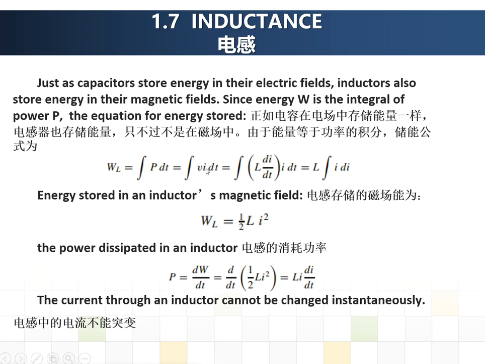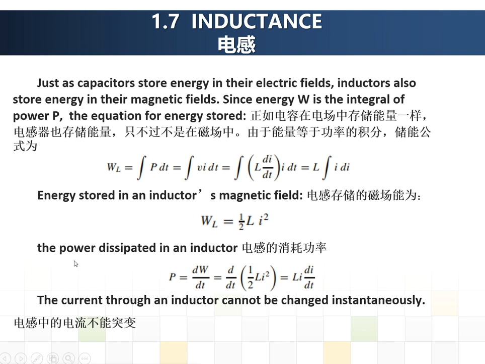And since the voltage is equal to L multiplied by di/dt, the energy stored in the magnetic field is equal to L multiply the integral of I di. Therefore, the energy stored in an inductor is equal to 1/2 L multiply I squared.